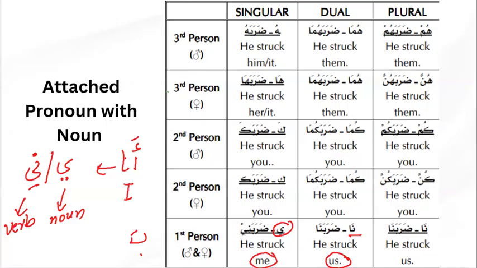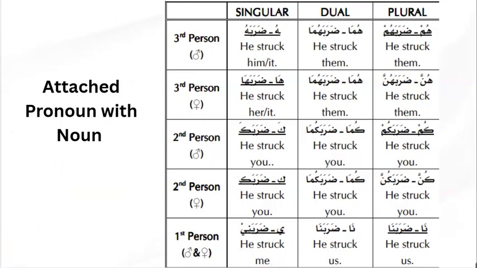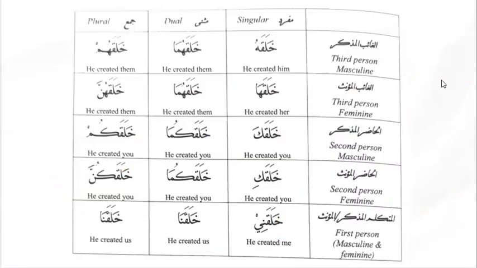Good, alhamdulillah. Now let's look at another example. Let's look at the example of khalaqa. The original verb is khalaqa, which means he created. Okay? He created.